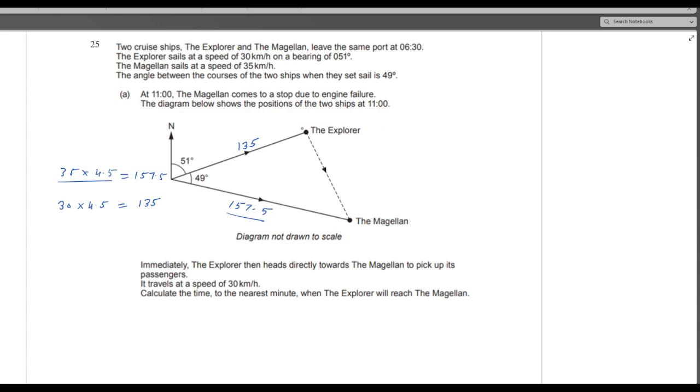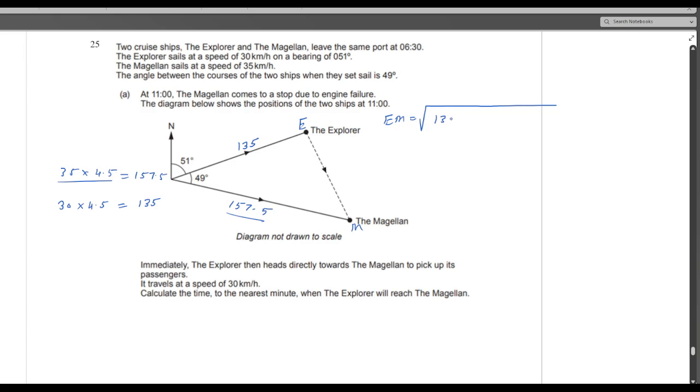So if I want to find the distance between this Explorer and this Magellan, I will use the cosine rule, and I will say that this EM will be equal to the square root of 135 square plus 157.5 square minus 2 times 135 times 157.5 times cos of 49.